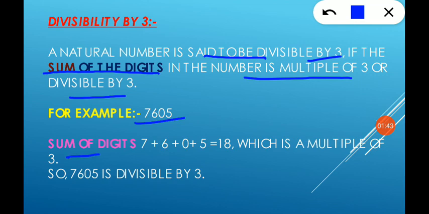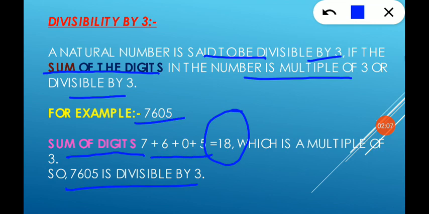We will find out the sum of the digits. What will be the sum? 7 plus 6 plus 0 plus 5, which comes as 18. And we know that 18 is divisible by 3. So 7605 is also divisible by 3.